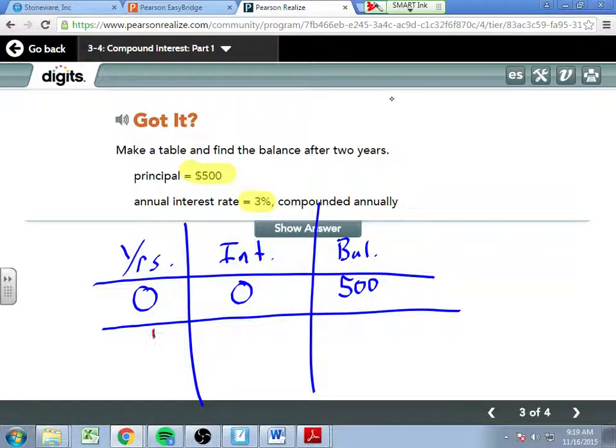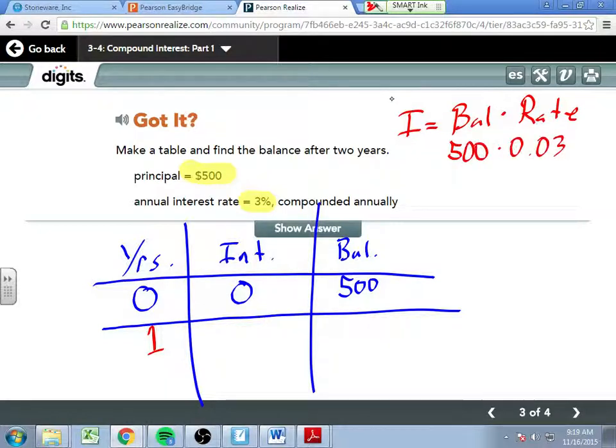After 1 year, to find the interest, I take my balance times my rate. So my balance is 500 times my rate of 0.03. I can find 1% and then triple it.